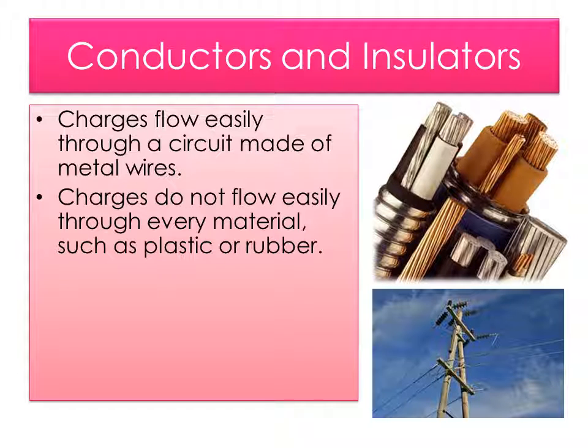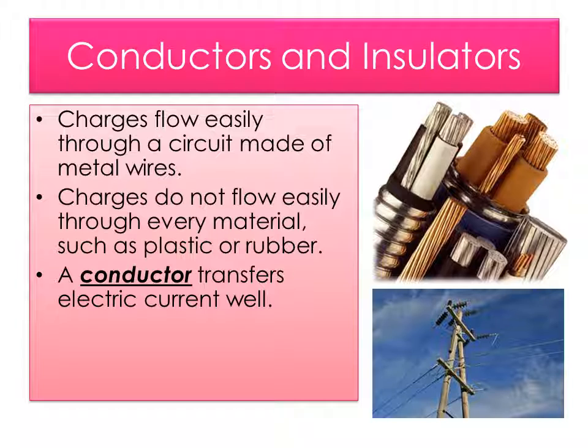And here's why. Charges do not flow easily through every material, such as plastic or rubber. So you might be familiar with these things. They do not flow through plastic or rubber very easily. A conductor, such as our metal wires, transfers electric current well. So conductors conduct electric charges, or allow them to pass through them.